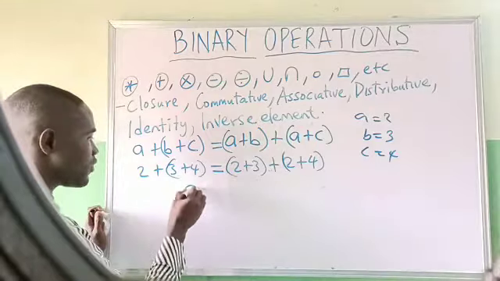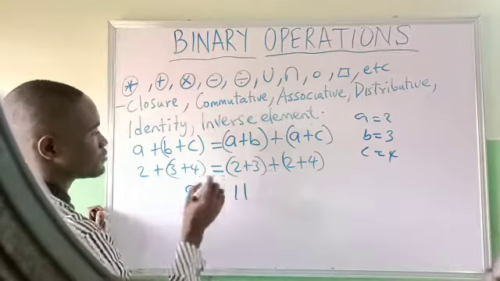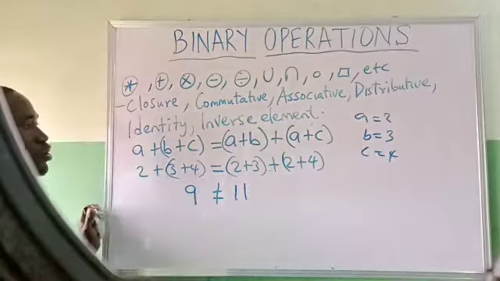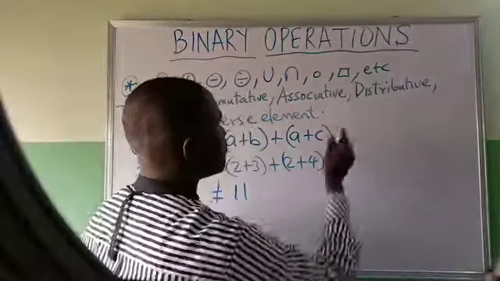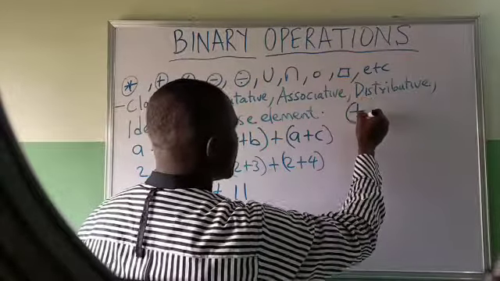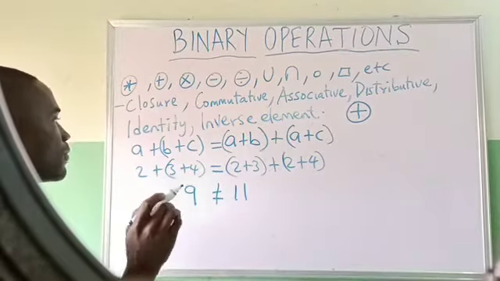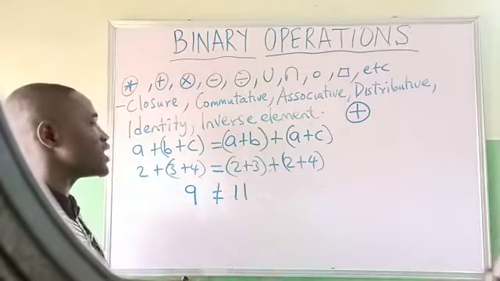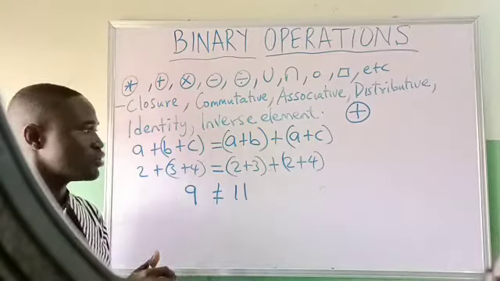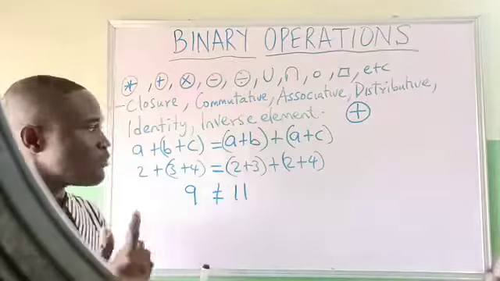So this one gave us 9, this one gave us 11, so they are not equal. So here you say that plus is not distributive. I mean 2, 3, 4 are not distributive under the operation plus.